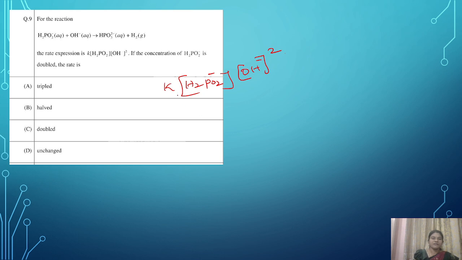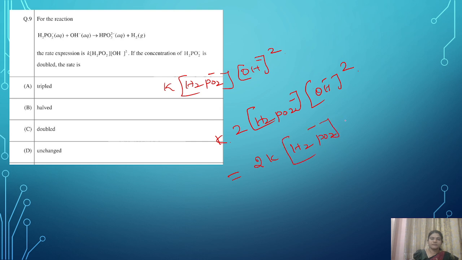You are doubling the concentration. Therefore, 2 times H2PO2 minus, squared. Then 2 K PO2 minus OH minus 2. Therefore, the rate is doubled. The answer is C.